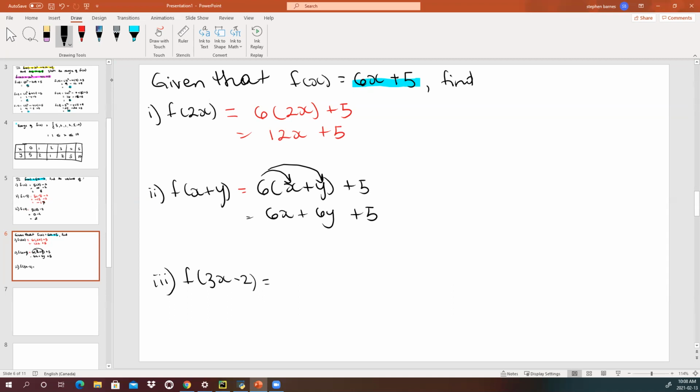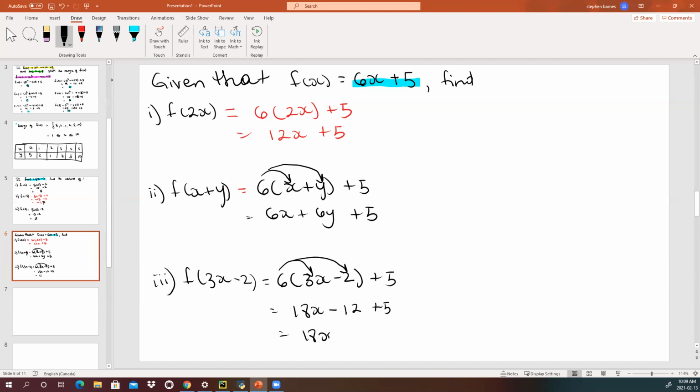So let's do it and see. 6 times 3x minus 2, plus 5. If you go like this, that is 18x minus 12. 6 times negative 2 is minus 12, plus 5.